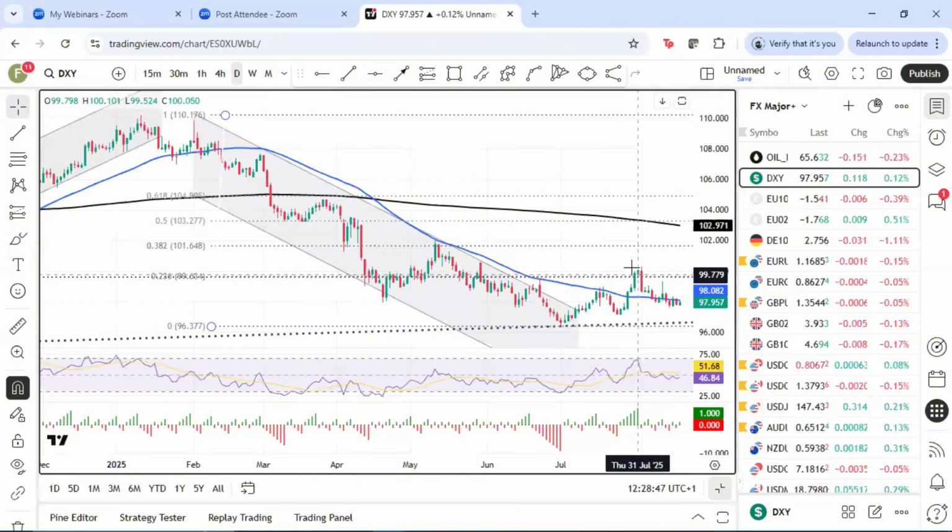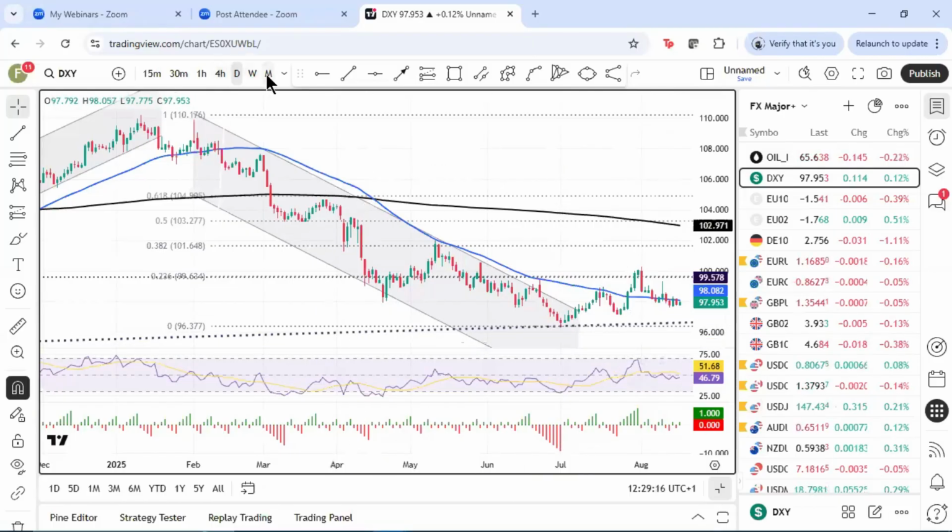So we tried to get above it, but then collapsed on that non-farm payroll report, and we've just been edging lower, and now we're trading around, as I said, that blue line, the 50-day moving average. Last week's low then is at 97.62. If we break that, then we've got these lows from late July at 97.10, before a long-term low from the start of July at 96.37.